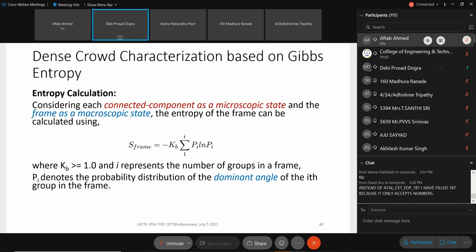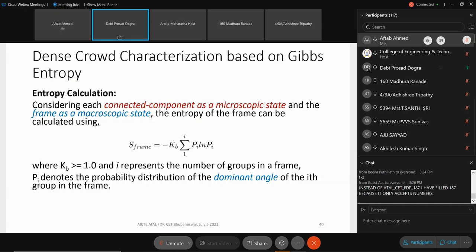Then you can also calculate the entropy of the system, considering each connected component as a microscopic state, because a connected component means nearby people, nearby optical flow points, and the whole frame as a macroscopic state.